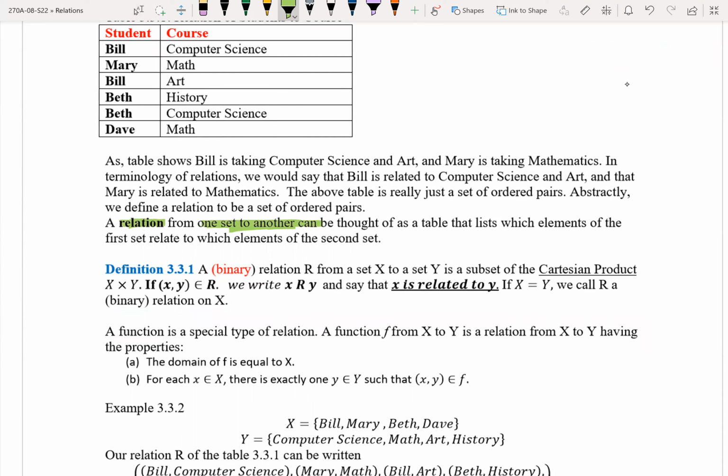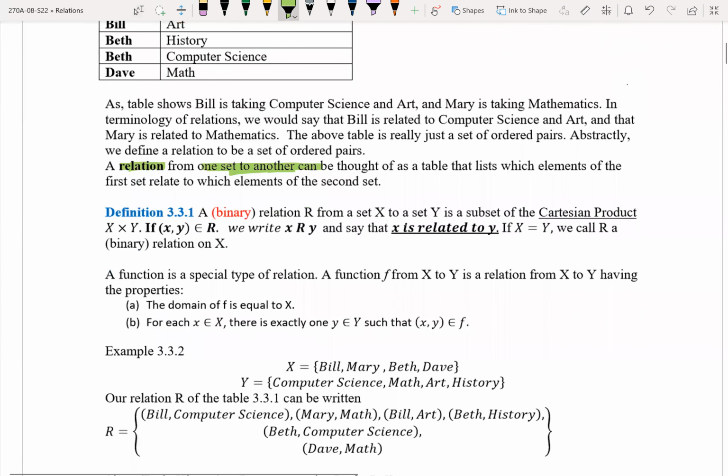So the first one is called domain, the next one is called codomain, exactly the same way we have had for functions, okay? We have two kinds of relations. It could be a binary relation, which requires two elements, X and Y. It could be a unary relation, which is only one.